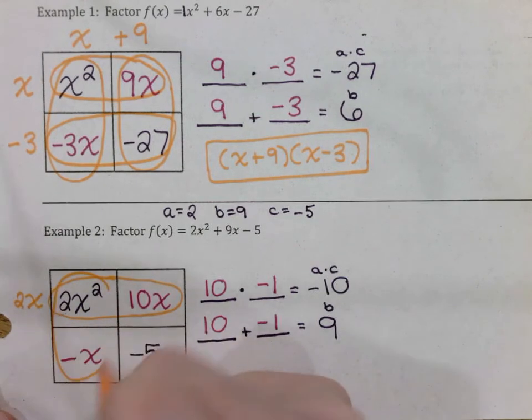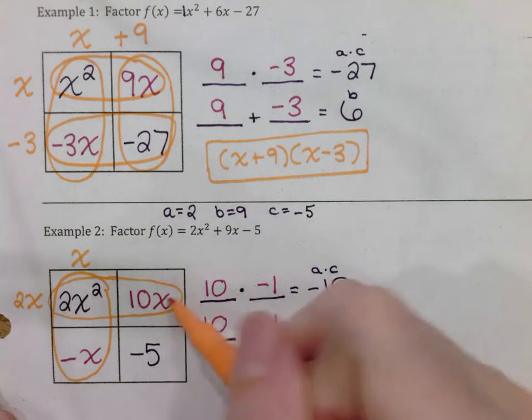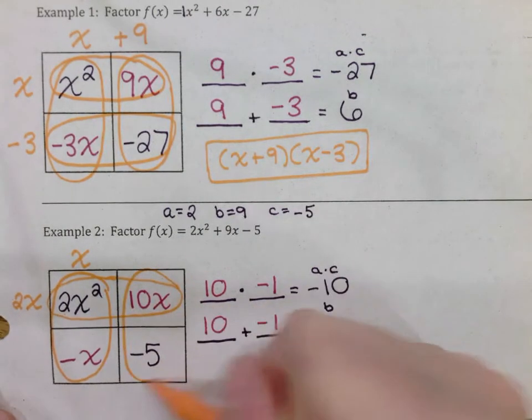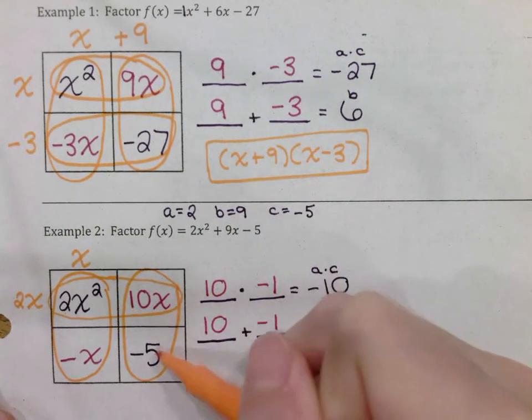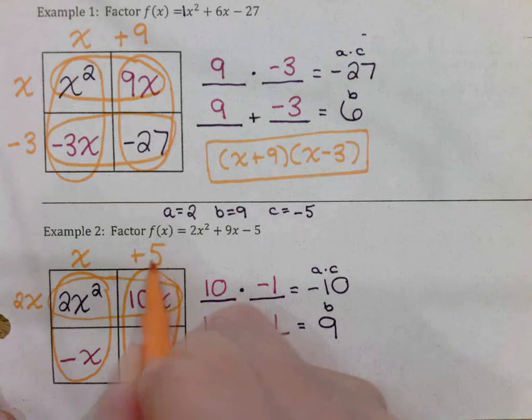GCF between these two is x. We can check ourselves. 2x times x gives us 2x squared. It's going well. The GCF between these two is 5. And since the one leading out is positive, I'm going to make this a plus 5.